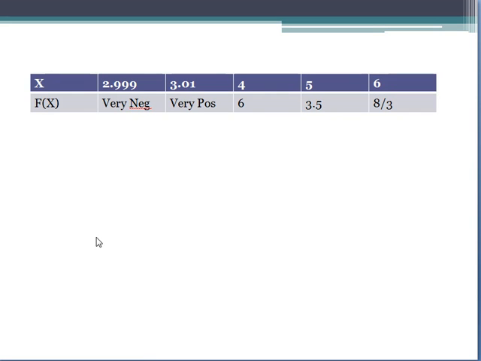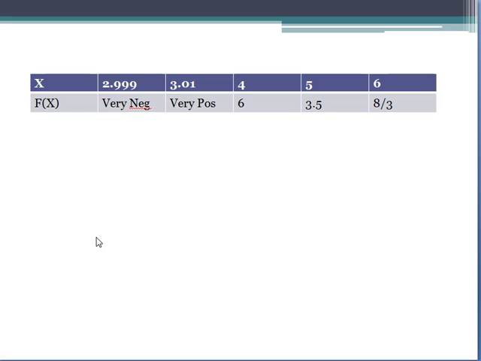Now we've got those good things, but we have to figure out how exactly this graph will function. Where will things move? We know our vertical asymptote is at 3. If we punch that into the original equation, or the simplified one again, we get that it's very negative. We don't need to know the value, just that it's very negative.